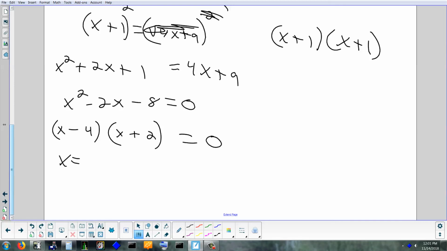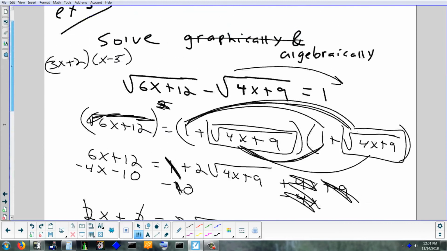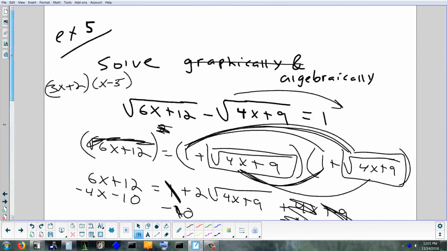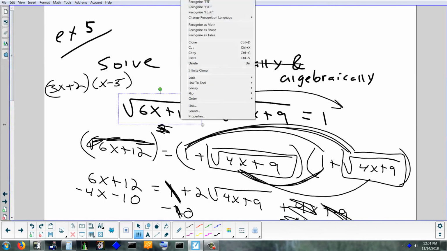What would make the first factor 0? 4. And the second factor? Negative 2. Now I'm going to go back up and make sure that they both work. If you plug in 4, let's check. What's 6 times 4? 24 plus 12.